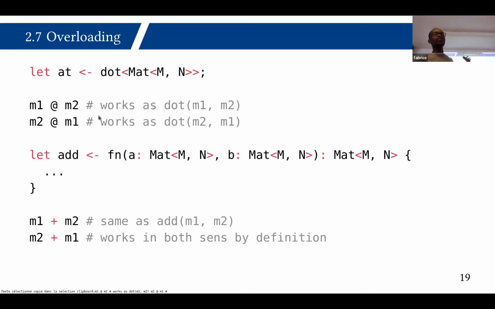So the dot products can be used in this way. I can also show an example with add this time. So just add two matrix. So you don't need to understand everything in there. And when I use the add keyword, I can use now the add operator.